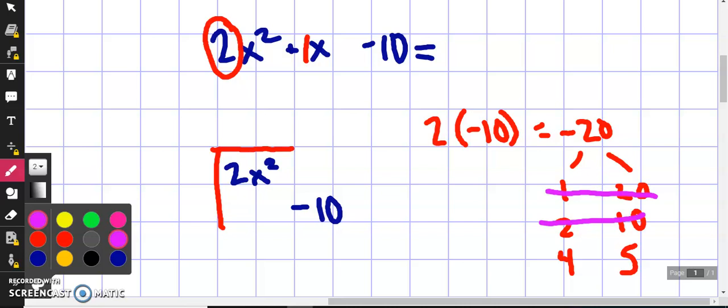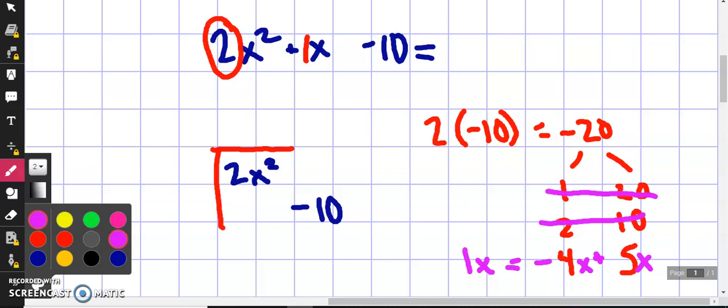So I'm going to take the 1x and split it up into negative 4x and positive 5x. So notice that if I flipped that the other way, 4 minus 5 would give me a negative number.